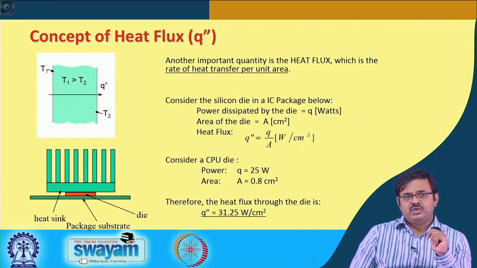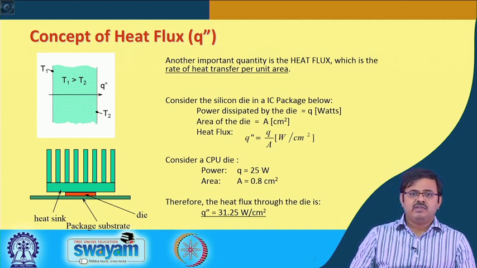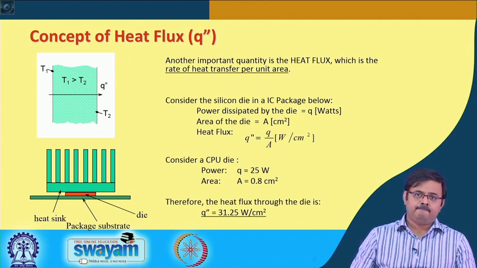the power is 25 watts and the area is 0.8 centimeter squared. So, what is the heat flux through that? It is 31.25 watts per centimeter squared, right. Now, let us say that instead of 0.8 centimeter squared, I had 2 centimeter squared.